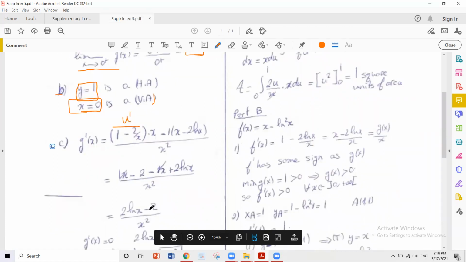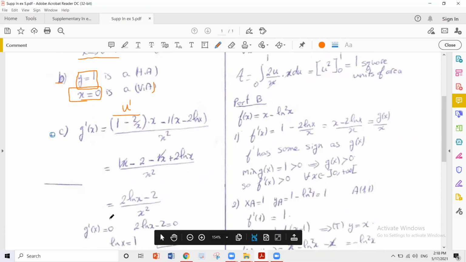We simplify: (2 ln x minus 2) over x squared.